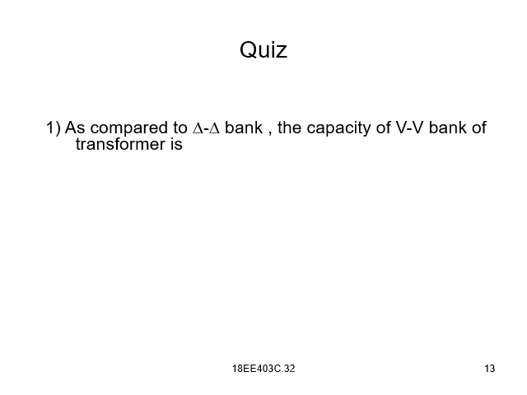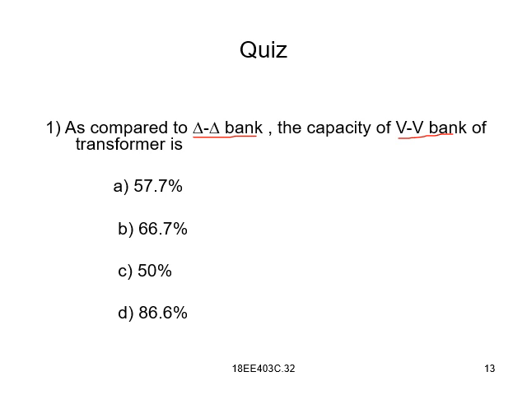As compared to delta delta bank, the capacity of VV bank of a transformer is. This is also very easy to guess. We have seen the important aspects of delta delta bank to the open delta bank.